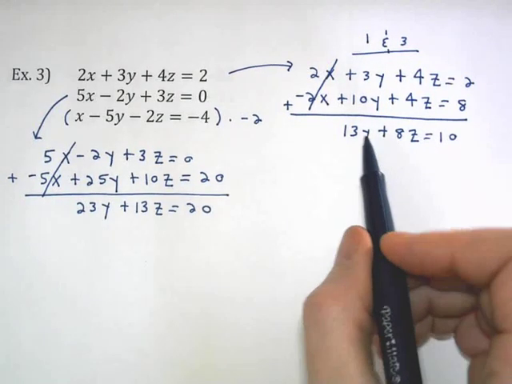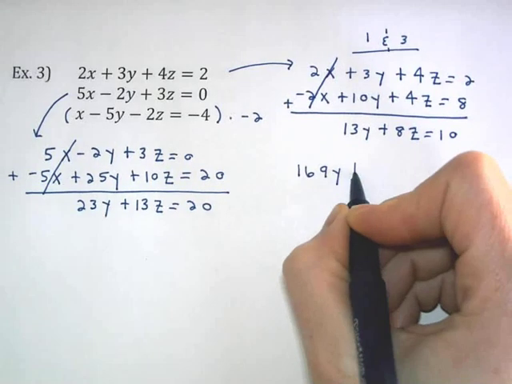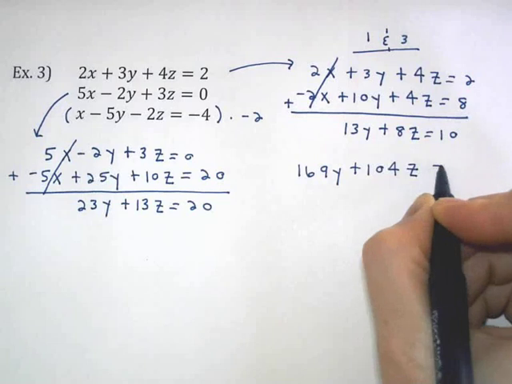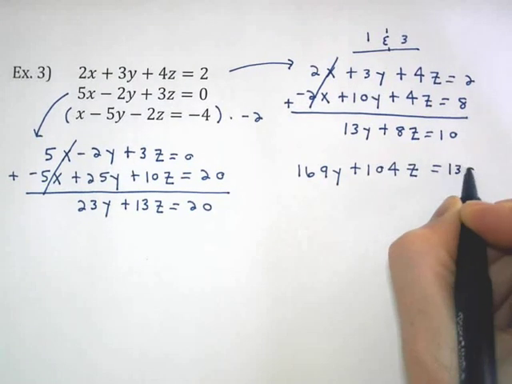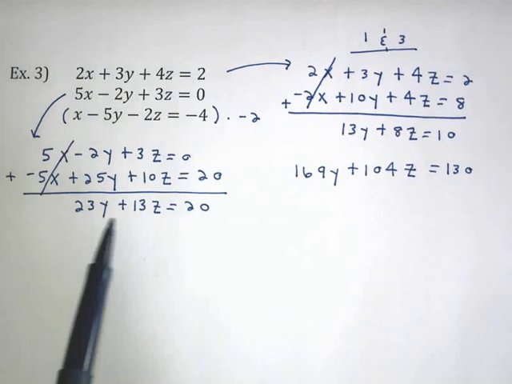So if I multiply this entire equation right here by 13, I get 169y plus 104z equals 130.